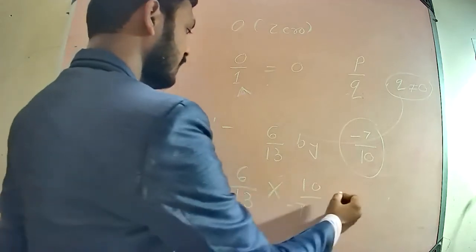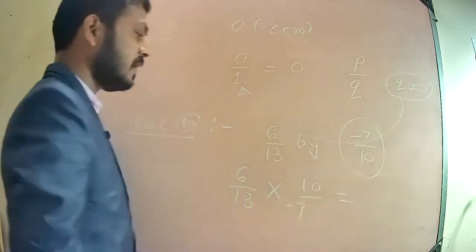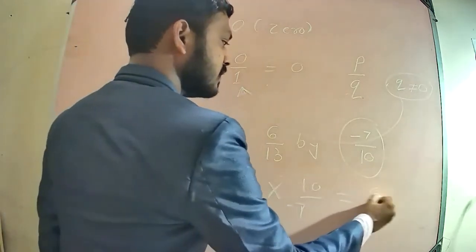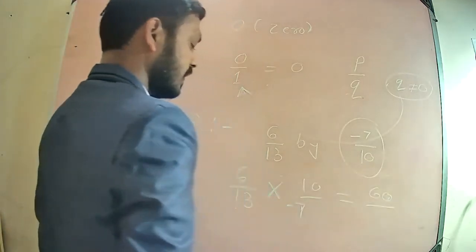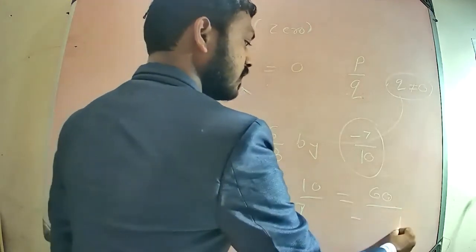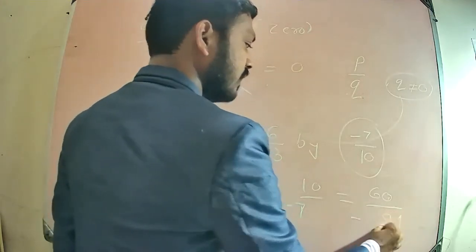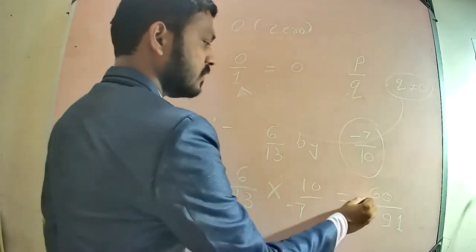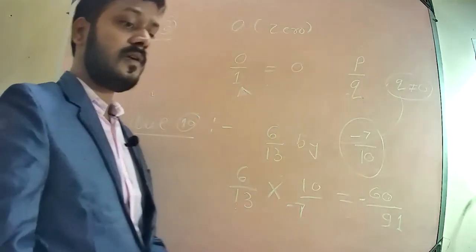Does any numerical value cancel out here? No. So 6 into 10 is 60, and 13 into 7 is minus 91. So our answer becomes minus 60/91.